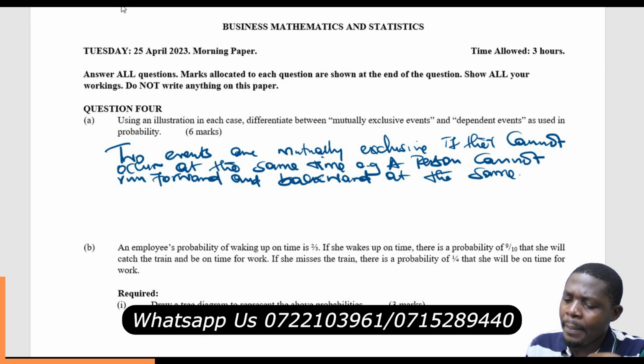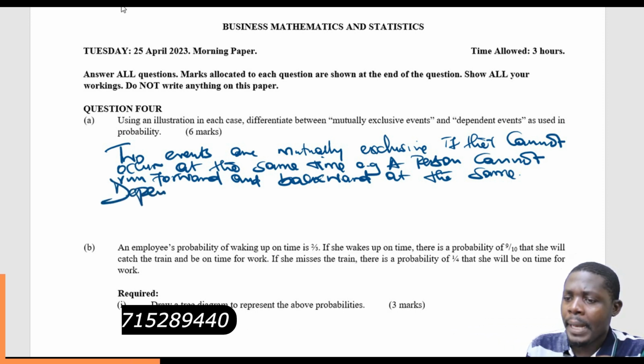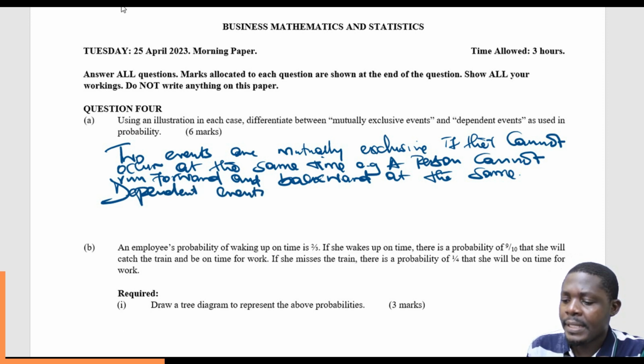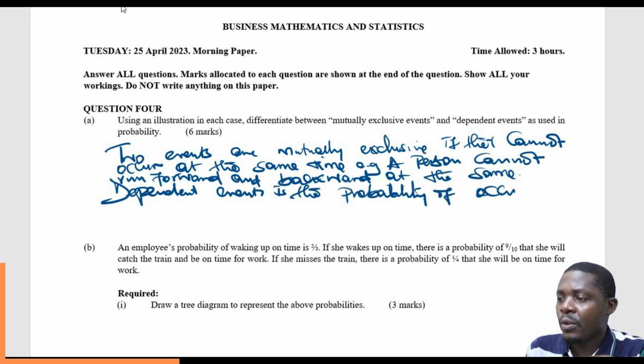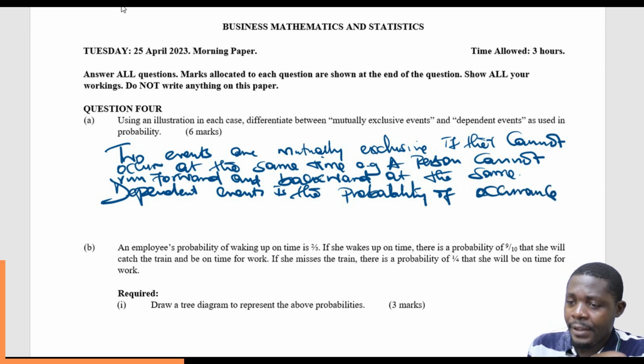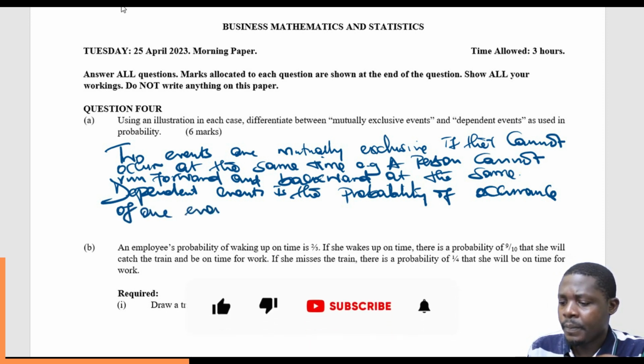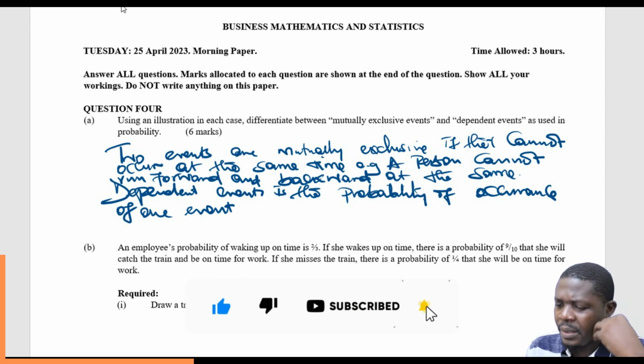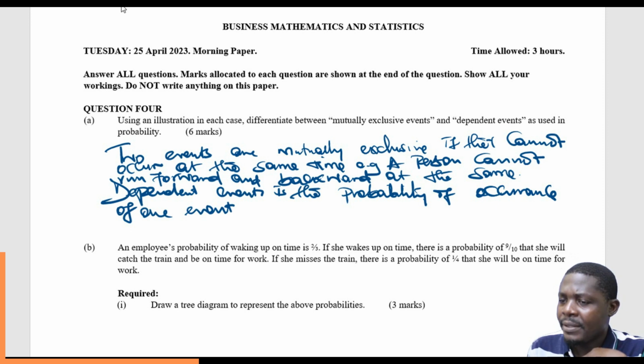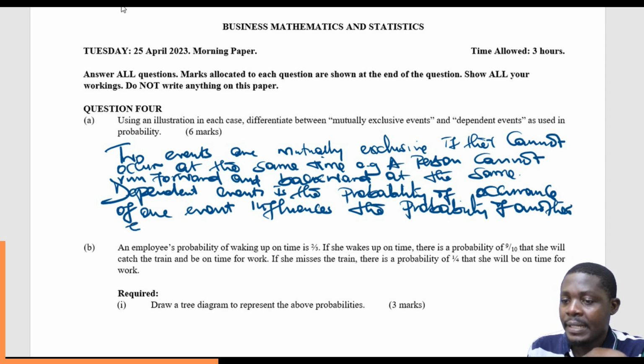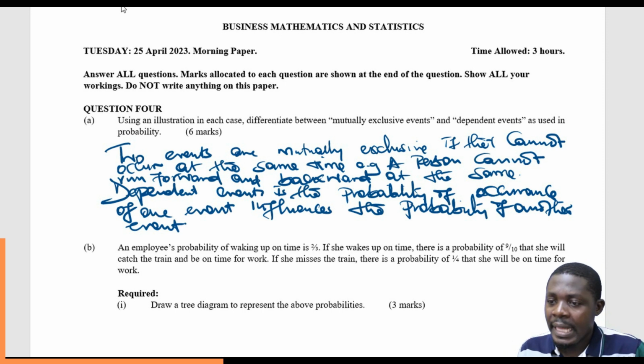Then we talk of dependent events. Dependent events is where the probability of occurrence of one event influences the probability of another event, which causes the other event to happen.